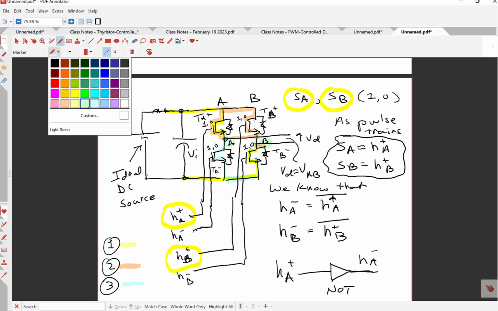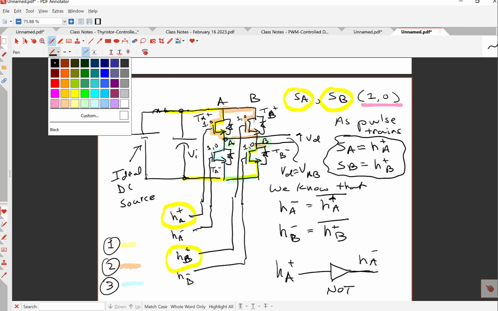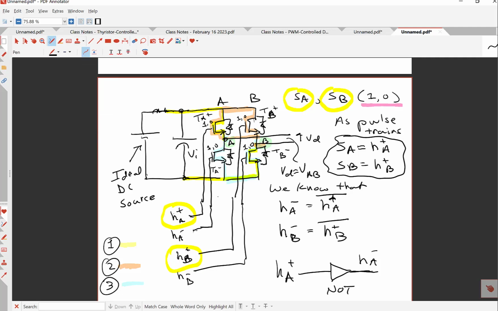So I'm going to point that out here. We're going to use a 1 if either of these is on, a 0 if it's off. So essentially, the first state, state 1, is 1, 0.